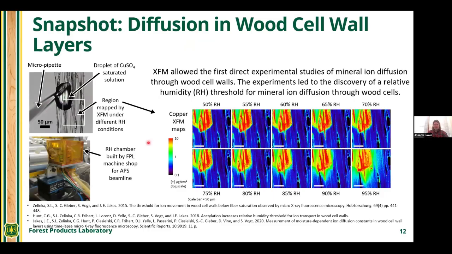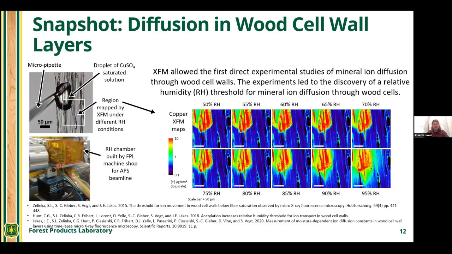Another really interesting study that we were able to do at the synchrotron was this: we had a theory that larger diffusants, such as mineral ions or small organic molecules, only diffused into a wood cell wall at elevated humidities, elevated moisture contents, but we had no way to actually test this theory. So what we did was devise an experiment at the beamline where we took a 2 micron thick section of wood and deposited some mineral ions, in this case copper from a copper sulfate solution.